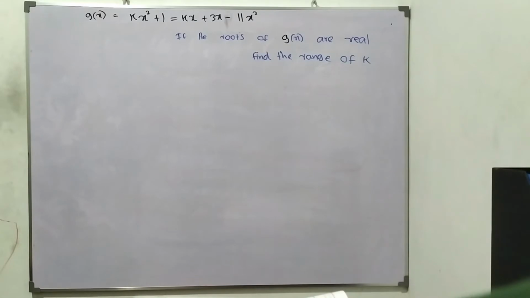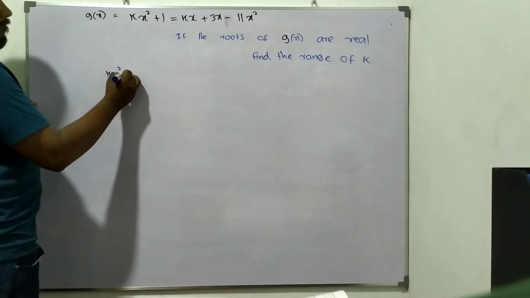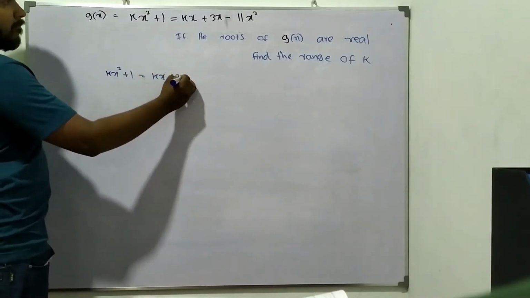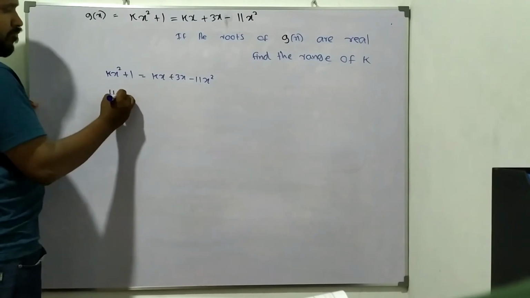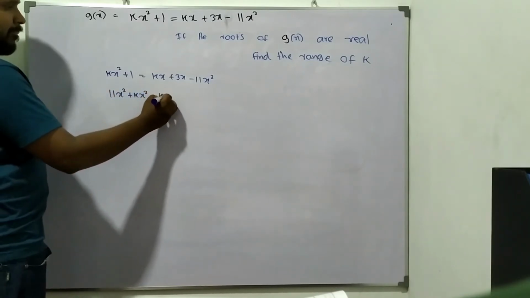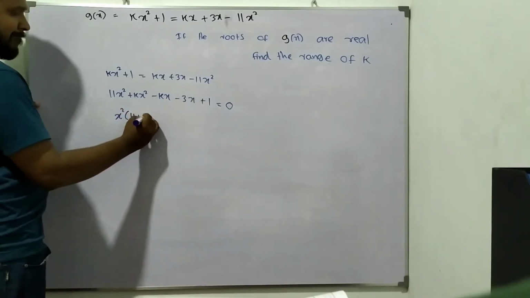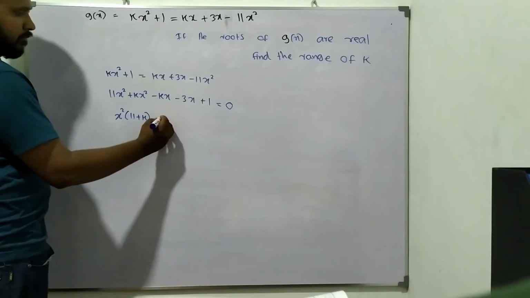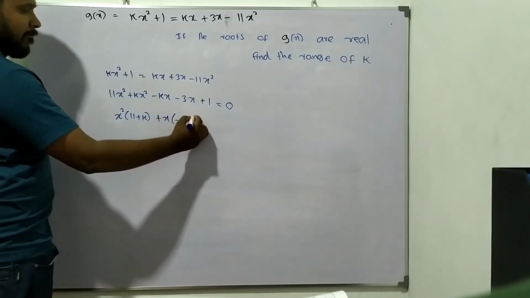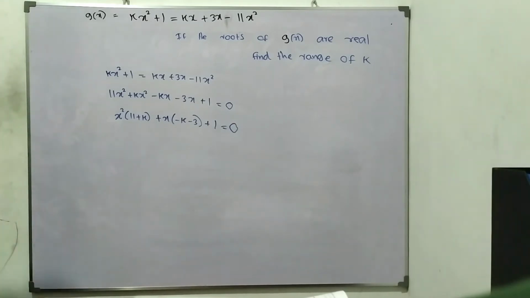Okay, this is my next example. If the roots of g(x) are real, find the value of k. First I made it into the ax squared plus bx plus c equals 0 format. So now we can check the discriminant.